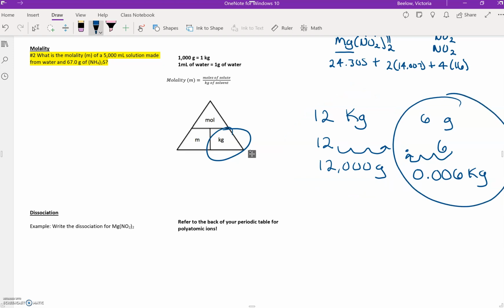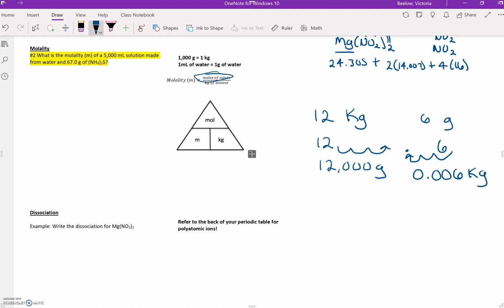And if you're going from grams to kilograms, you would divide by 1,000. And again, this is just another way to measure our amount of solvent, which typically is going to be water.